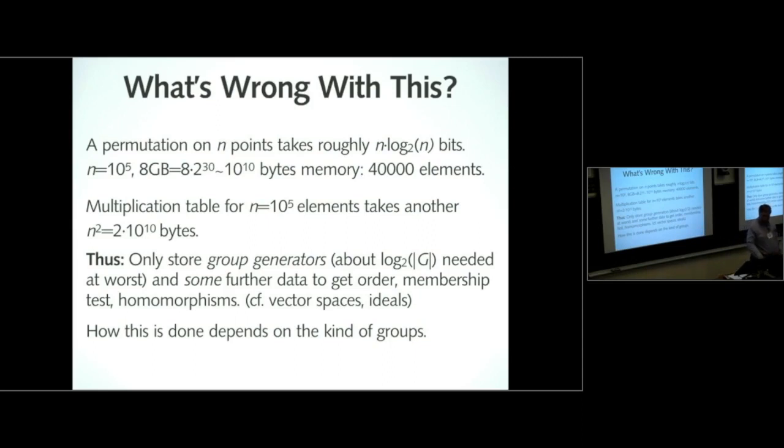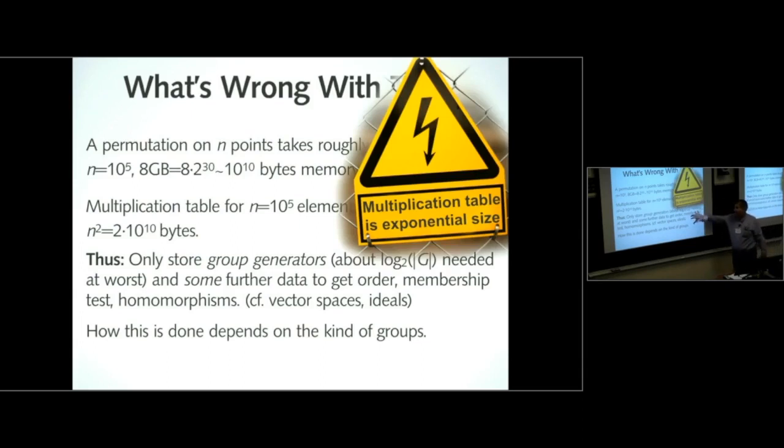Well, two caveats with this. The first, if that is the model we are using, the multiplication table is exponential size in the number of generators. I get about once a year a paper to referee or to review where someone designs a new algorithm for groups based on having the multiplication table.